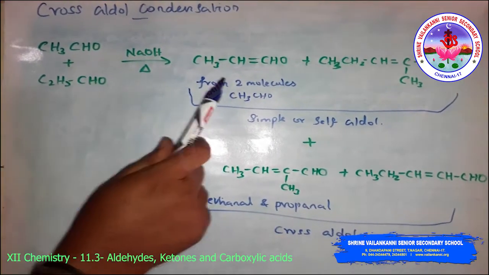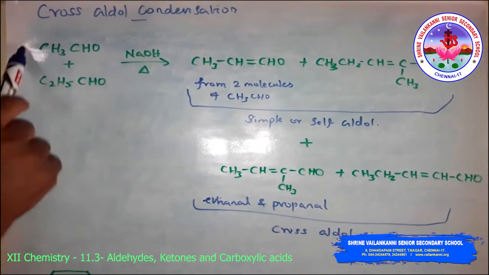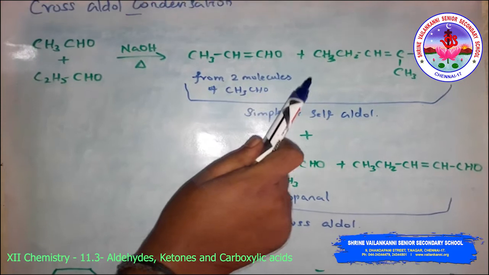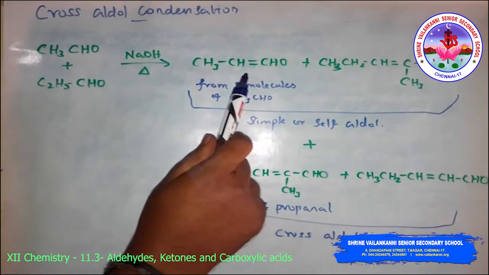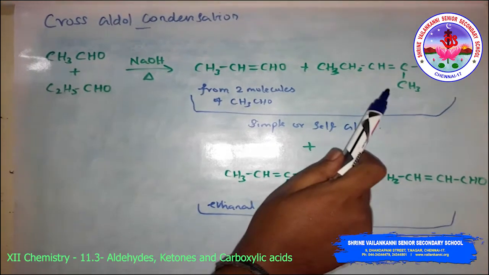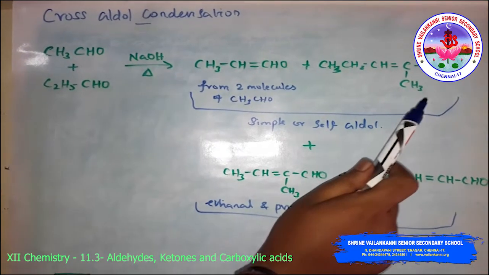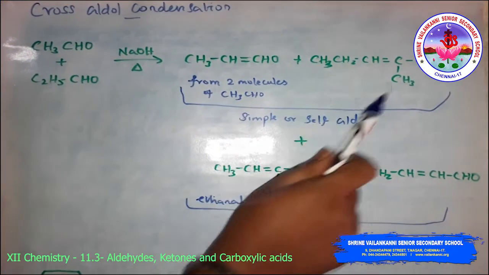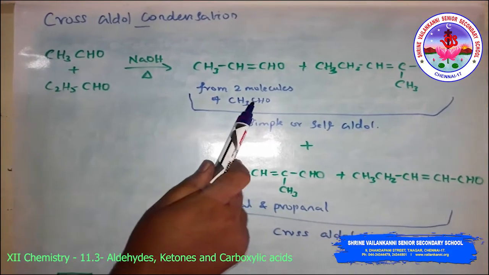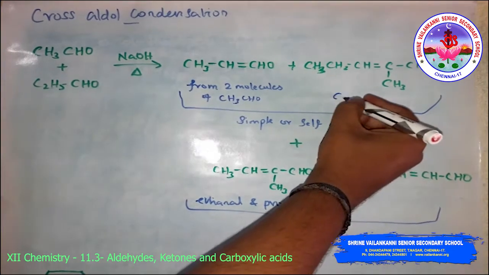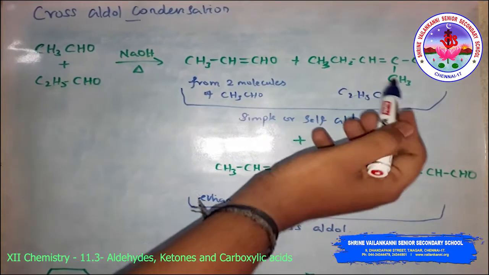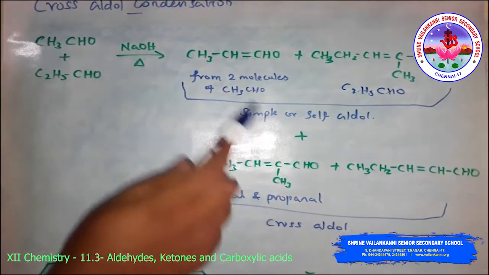First, suppose you take the same molecule, from two molecules of ethanal, you will get but-2-enal, and this is 2-methylpent-2-enal, that is from two molecules of propanal. This is from two molecules of ethanal, and this is from two molecules of propanal. So you will get products like this.